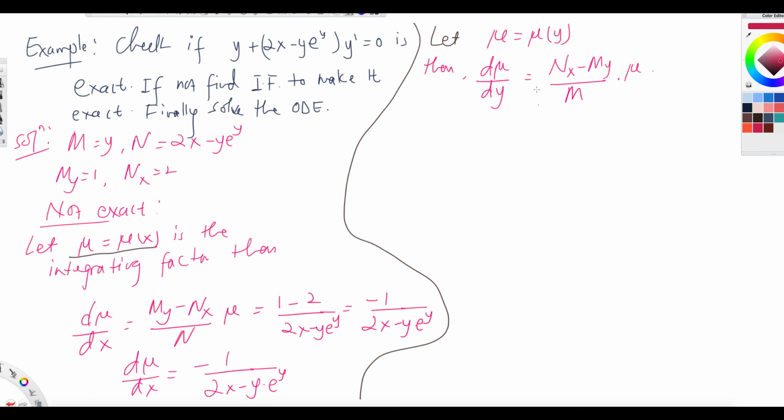That's what we did. So what do we write then? What is n sub x? N sub x is 2, minus m sub y is 1, over m. What is m? M is y. Times mu. You see that? So you got d mu over dy equals mu over y, which is easy to solve because you can change this into separation of variables, right?